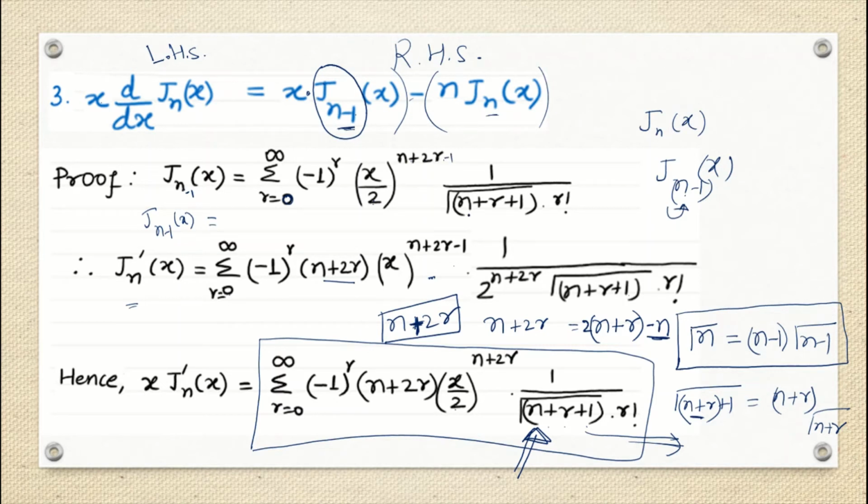Here you have n, just make it n minus 1. Similarly, suppose you have to write down the series for Jn plus 1. What arrangement will you make for Jn? This is your formula, so you just replace n with n plus 1, and then this complete solution is your Jn plus 1 solution. Okay, fine.